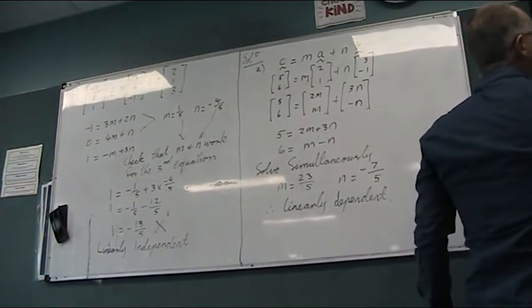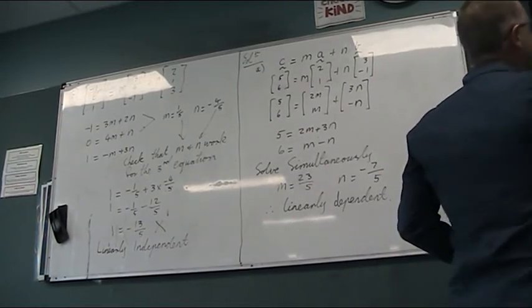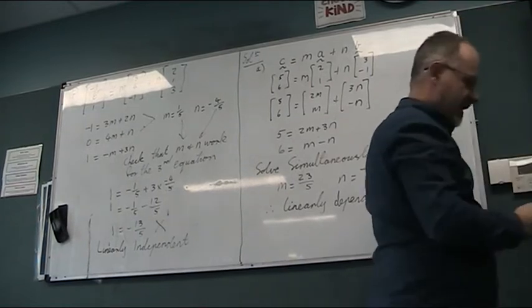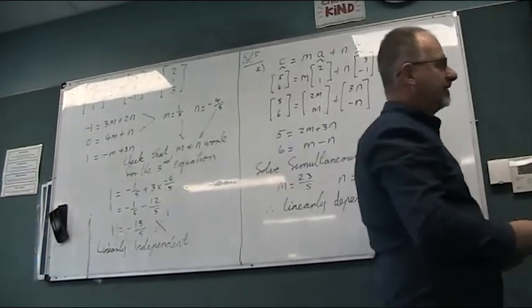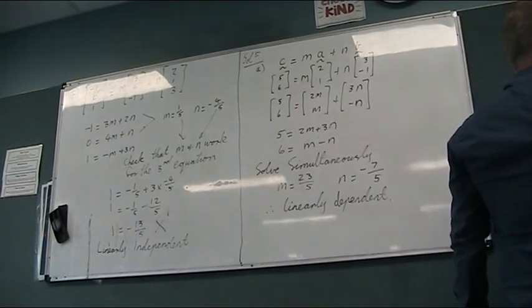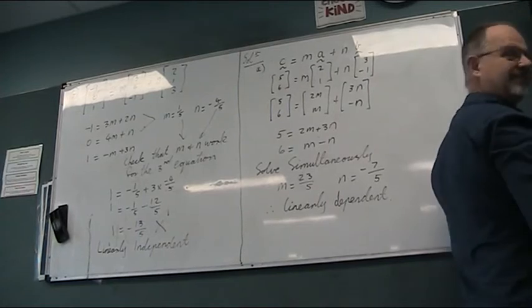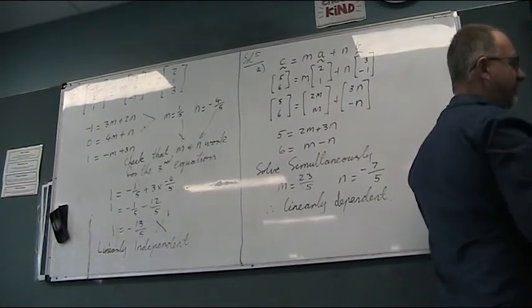Unit means 1 unit, so its magnitude is 1. And the way we write a unit vector is we put a little hat on it. So A with the hat means the unit vector.